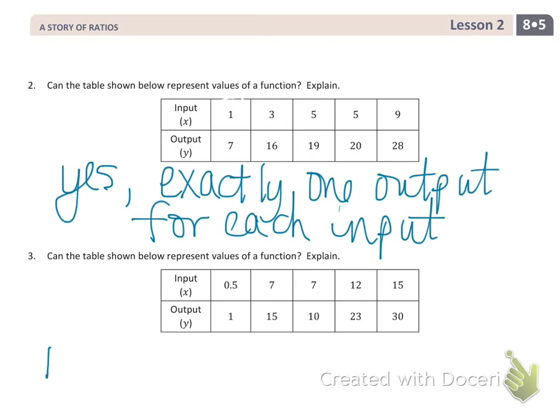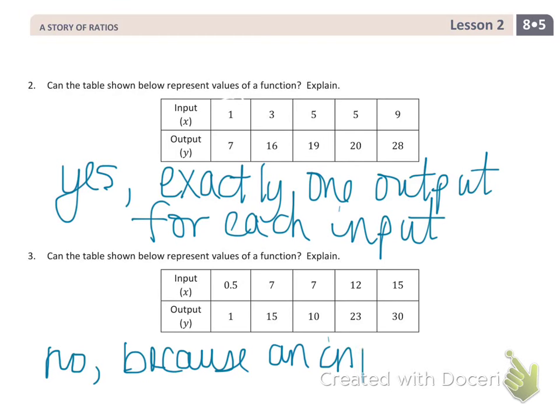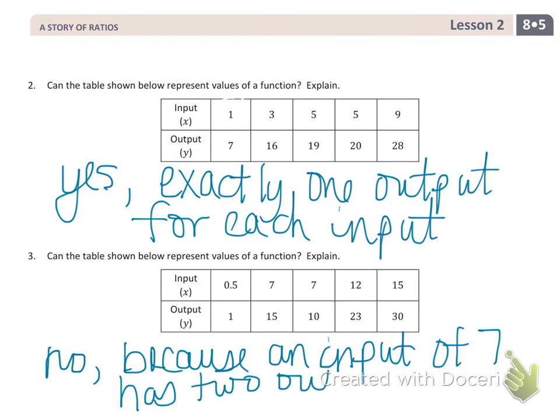So this one is no, it's not a function, because an input of 7 has 2 outputs. So it's not a good predictor. I can't know what the output for 7 is because there's more than one option for it.